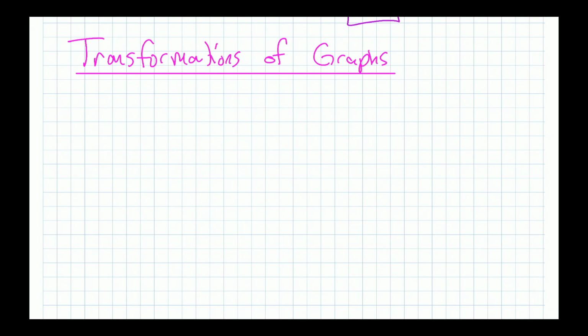So let's see here. This is for a sine or a cosine, but I'm only going to write it one way. For a sine or cosine. Same thing. So if you have an original graph, right?